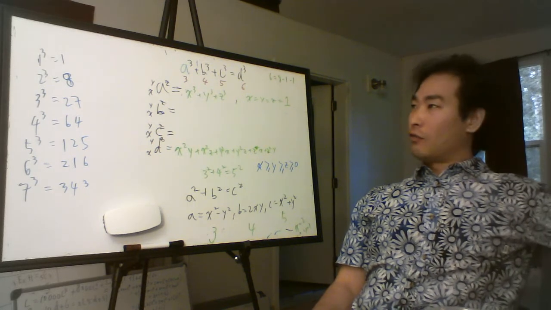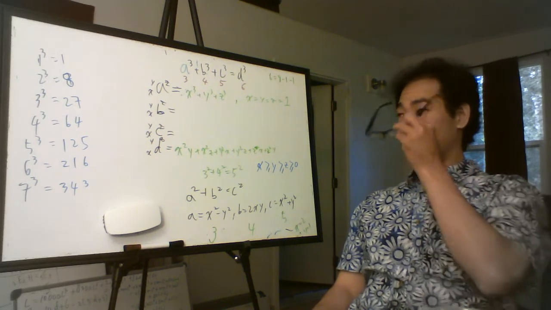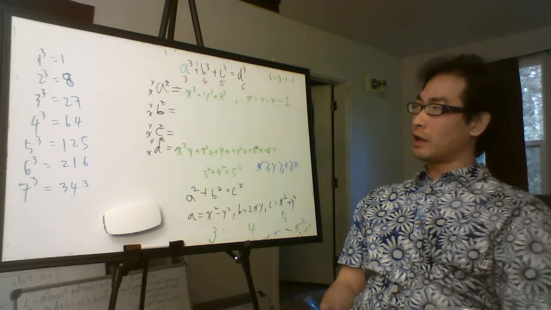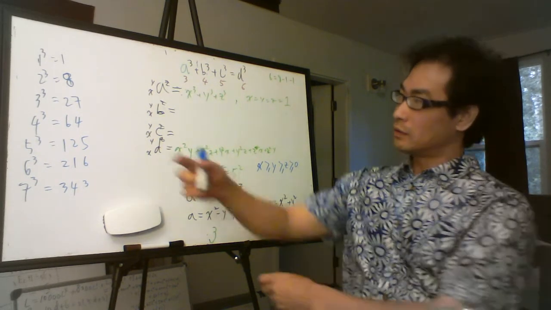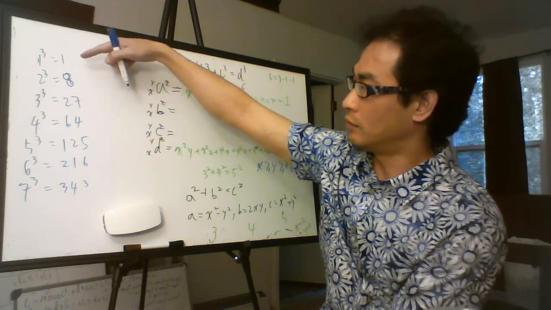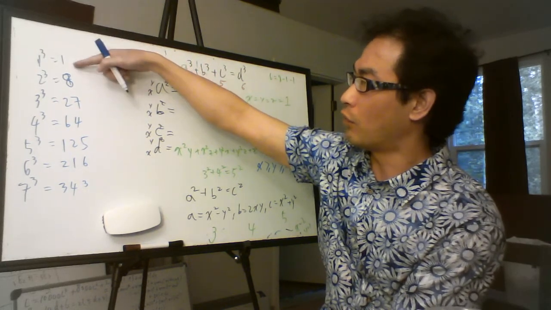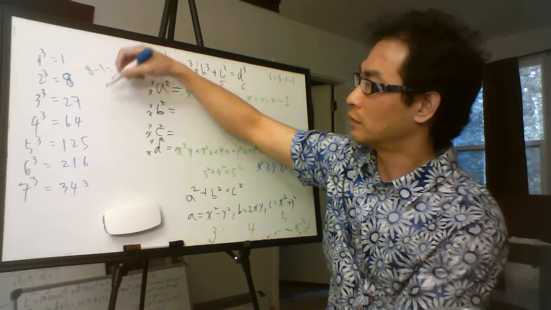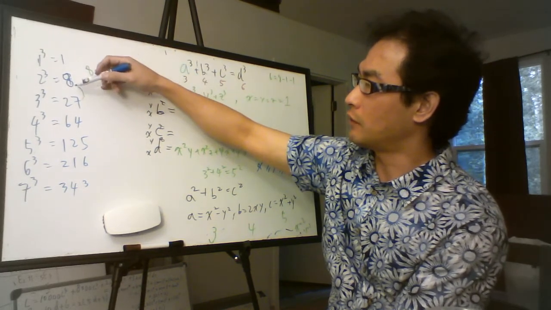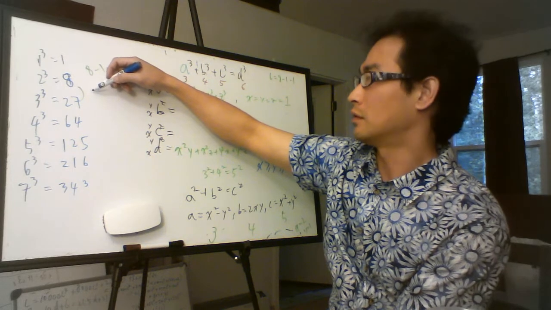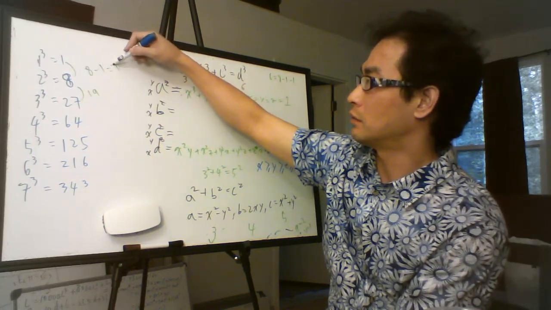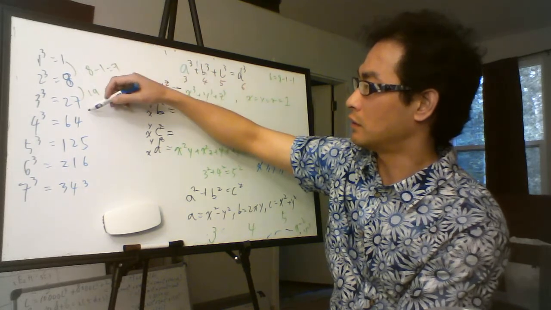One thing I noticed though is this. If we subtract 1 from 8, 8 minus 1 is 7. If we subtract 8 from 27, that was 19, right? 7, 19.